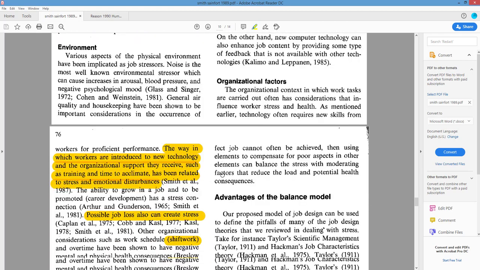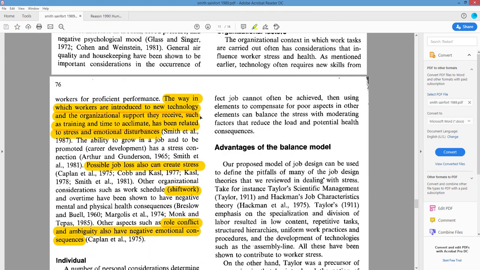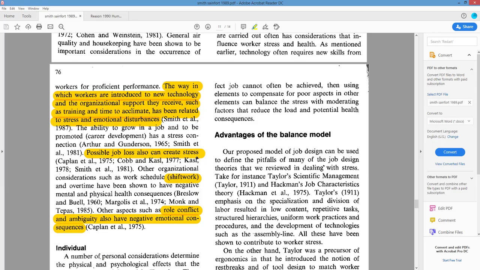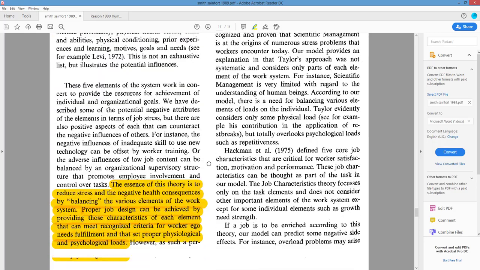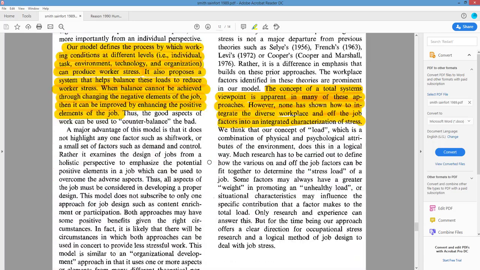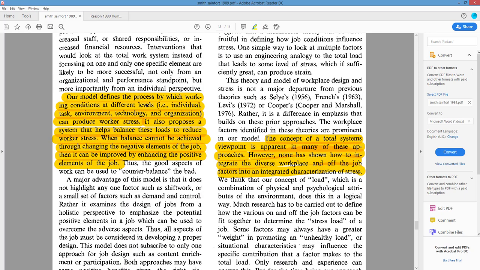So then they describe all the different factors. The organization is an interesting one. I always seem to focus on that one. And it's just like what you would think. It's sort of management's influence, based partially on design. And now we're getting towards the end.